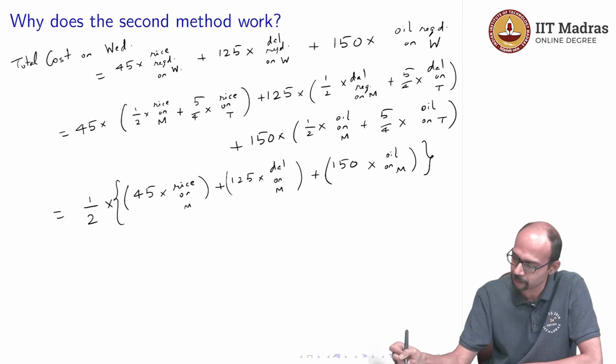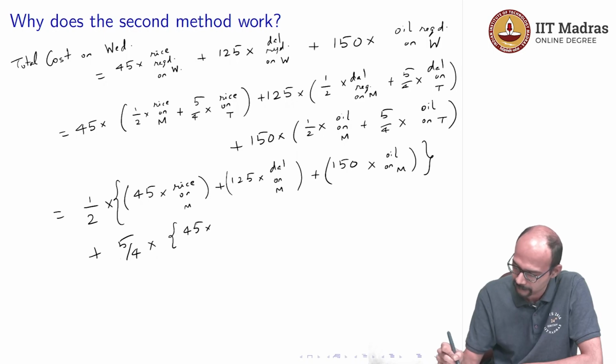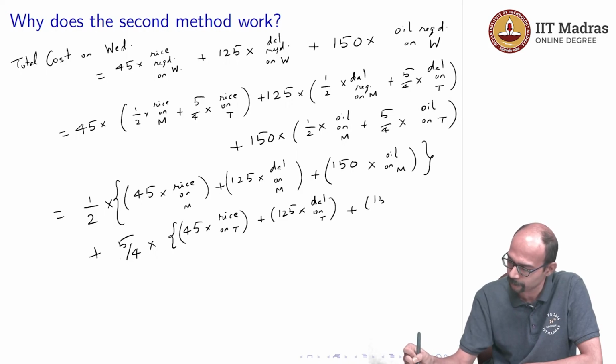Okay, these are all the terms for Monday, and then plus 5 by 4 times 45 times rice on Tuesday, the same expression, but now for the Tuesday quantities, 125 times dal on Tuesday plus 150 times oil on Tuesday.